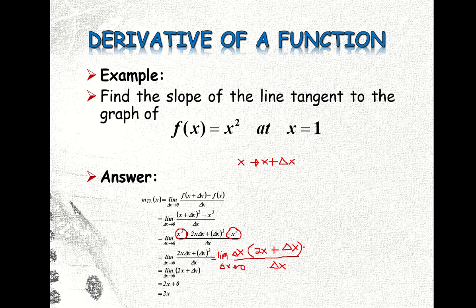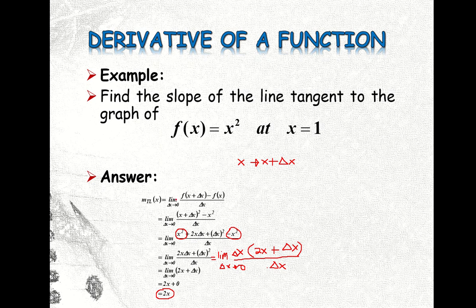As delta x approaches 0, what is left is 2x plus 0, so your final answer is 2x. This is the slope of the tangent line.